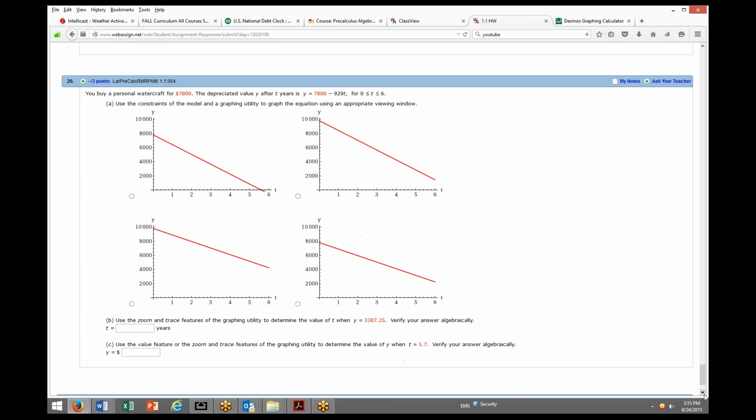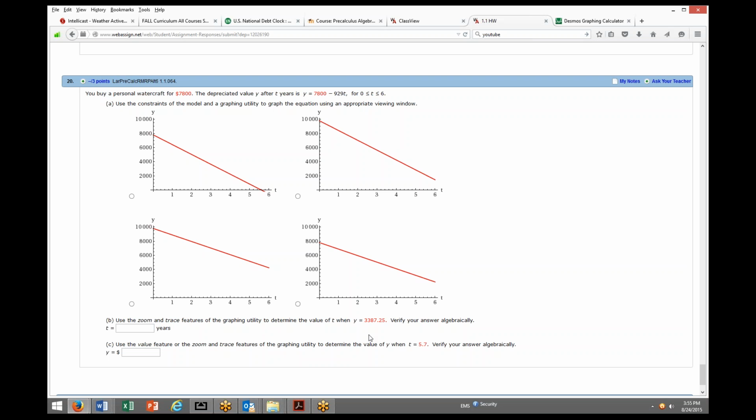I'm just scanning down through here, and that's the very last problem right there. On this very last one, they ask you to use the zoom and trace features of your graphing utility. Now, you can do either a zoom and trace with your Texas Instruments graphing calculators, or even in Desmos, you can easily change the scale in Desmos.